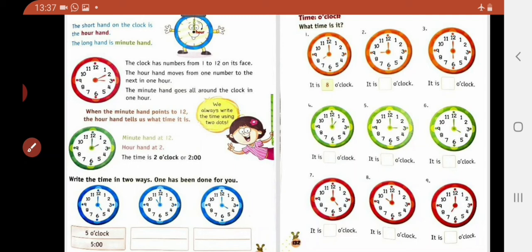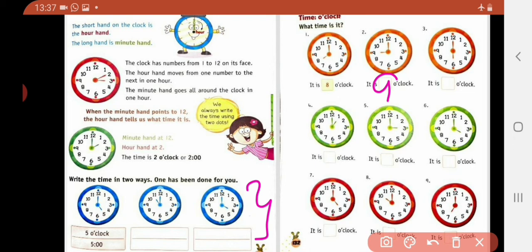Now you have to complete this. The next one is what time is it? So you have to tell the time. In this clock, the long hand is at number 12 and the short hand is at number 9. So what time is it? It is 9 o'clock.